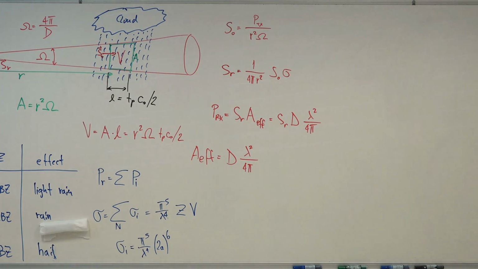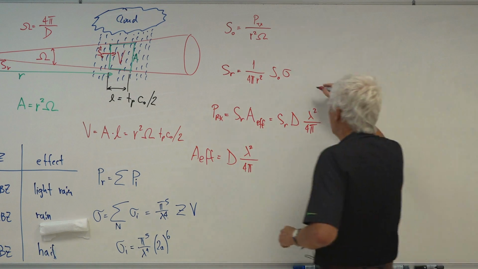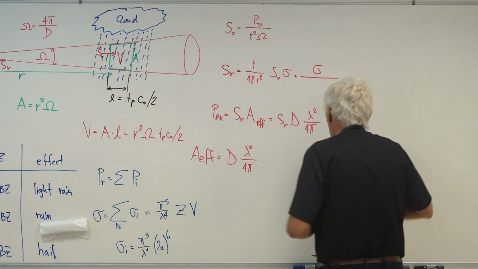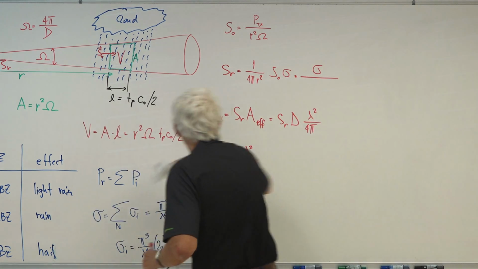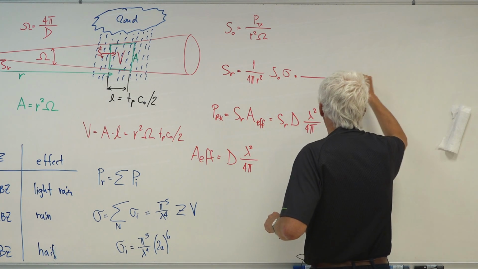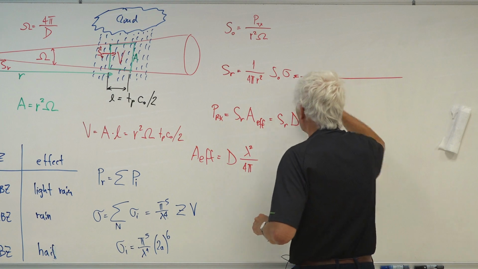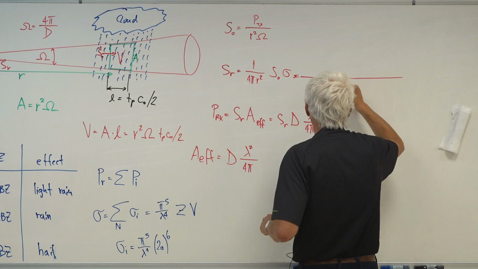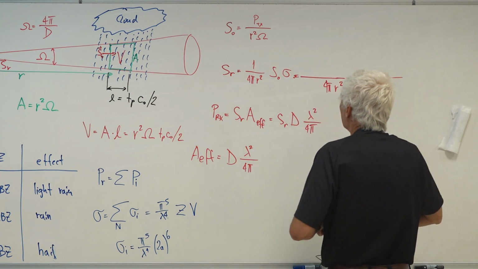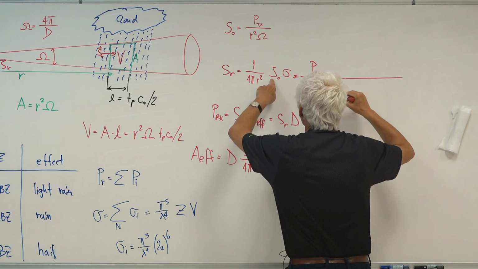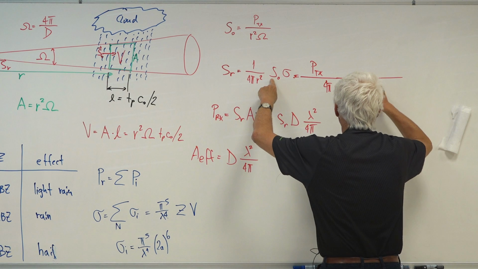Now I have to combine all these equations into one equation. I have to write all these quantities inside this equation. So rewriting S reflected, we have S0 over 4 pi r squared in the denominator. S0 is the power of the transmitter divided by r squared times omega.